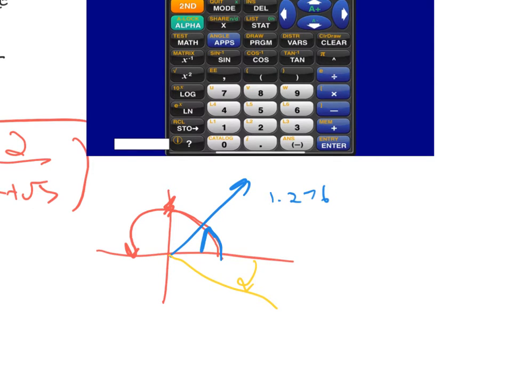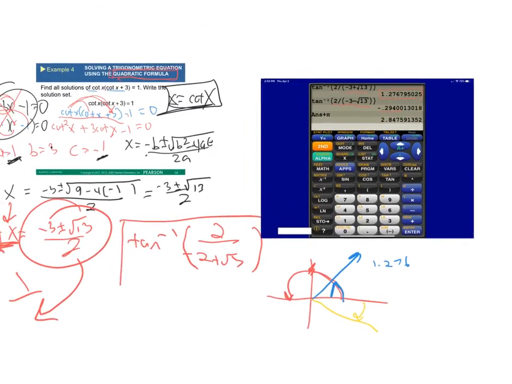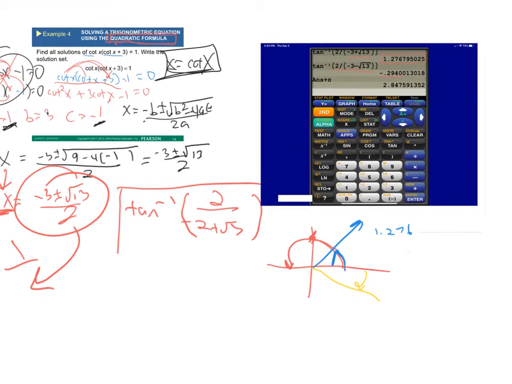I lost my page. There's my page. Okay, so that was negative 0.29.